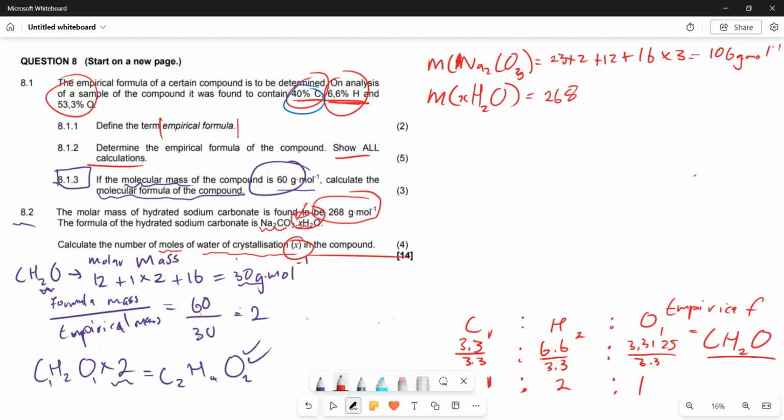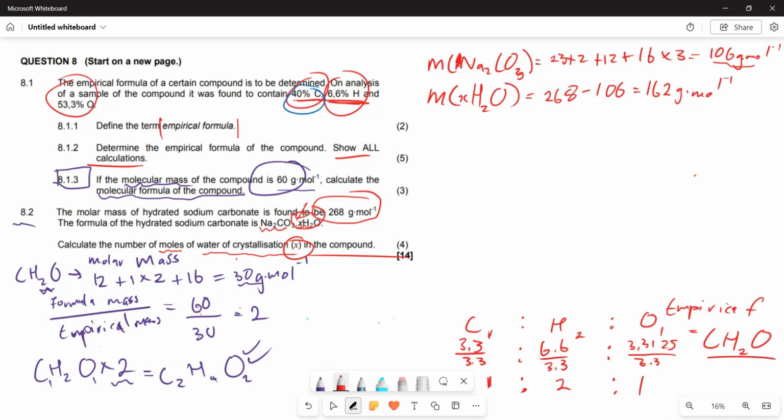You know that the portion formed by your sodium carbonate is 106, which means you are going to subtract this so that you get the one for your water. Let's punch in our calculator. We are getting 162 grams per mole.